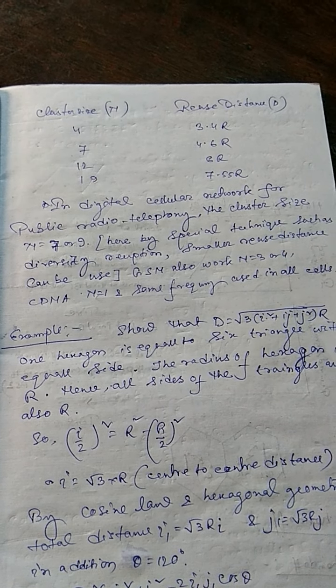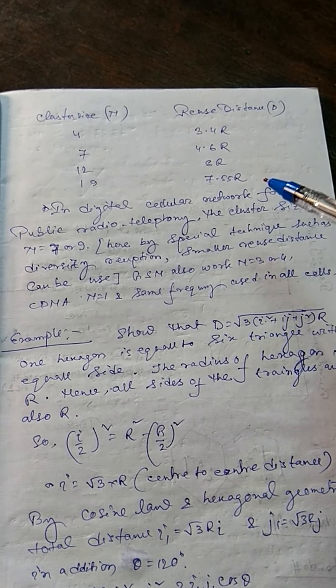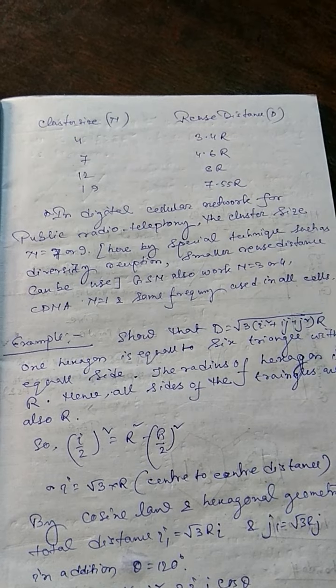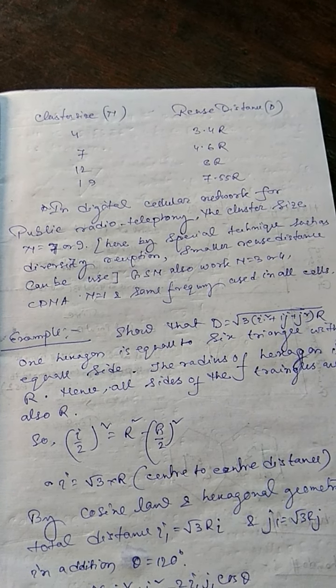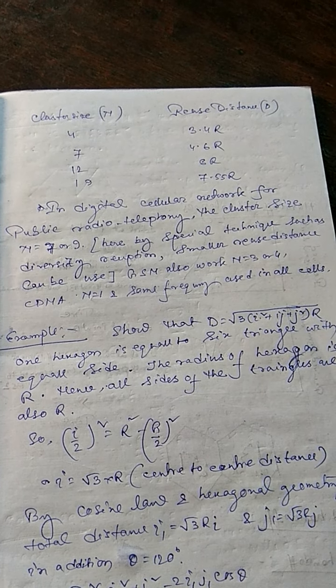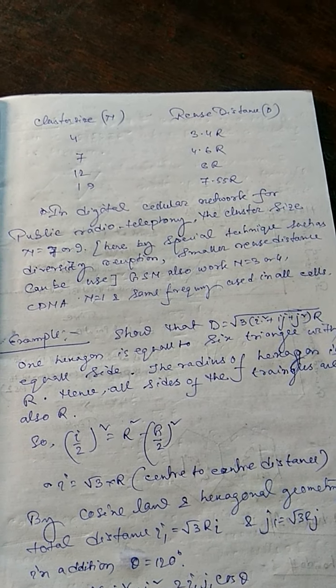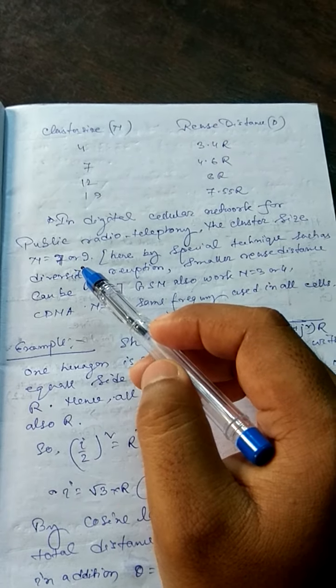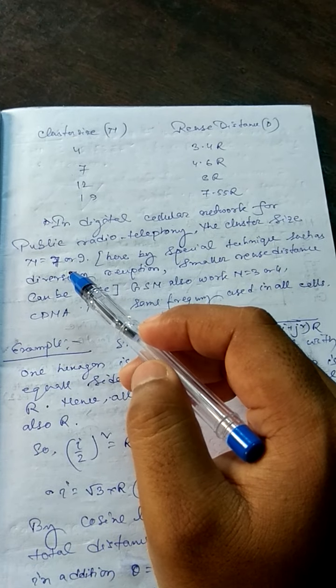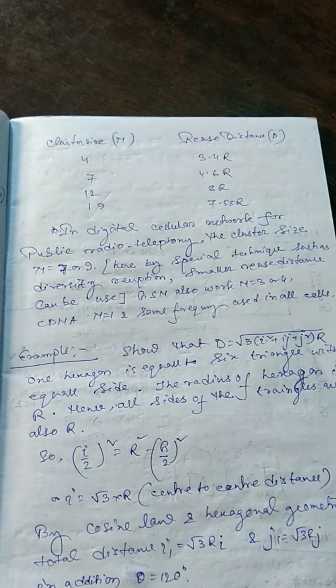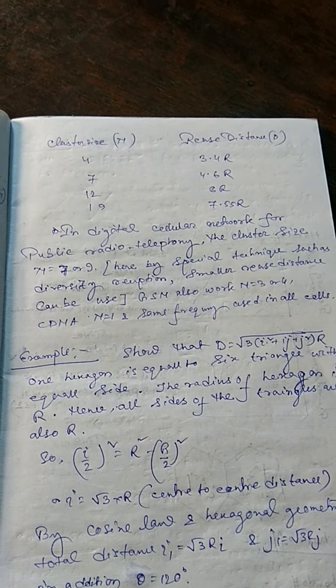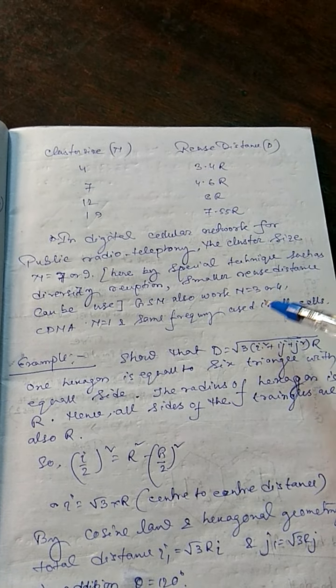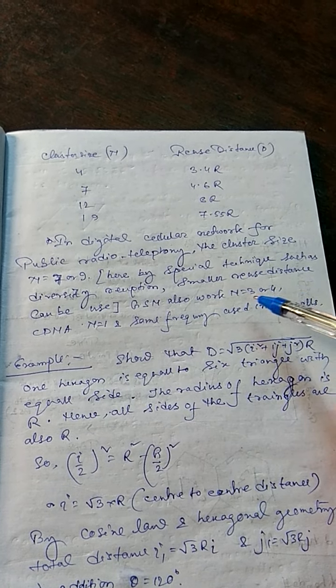And here is one important point: in any digital cellular network system, for any kind of public radio telephonic system, the cluster size is always 7 or 9, not 7 to 9. For GSM, the Global System for Mobile communication, the cluster size is 3 and 4.